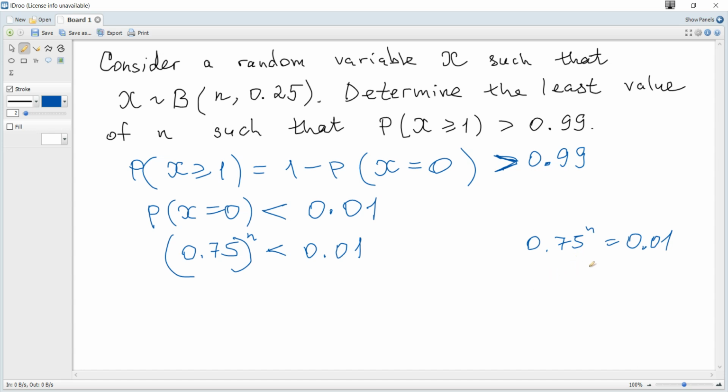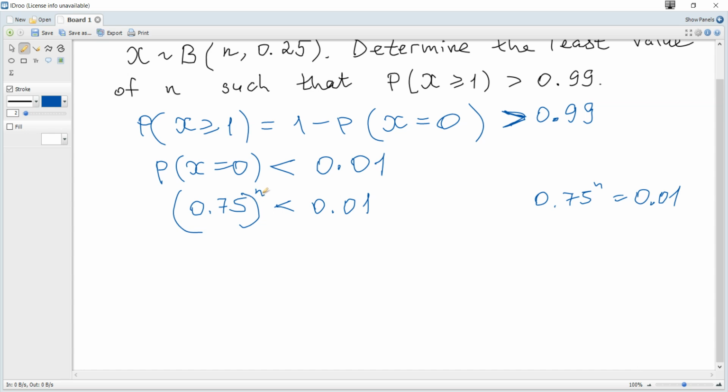The first way is to use the graph on a calculator, or use some tables, but we can solve it without a graph or table. How?